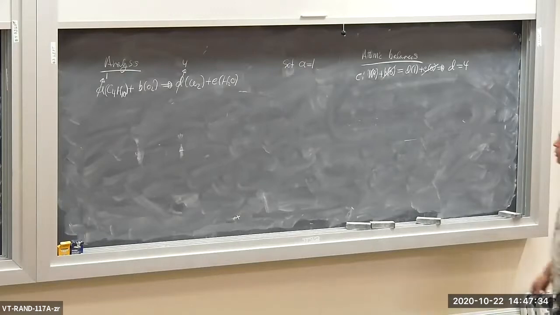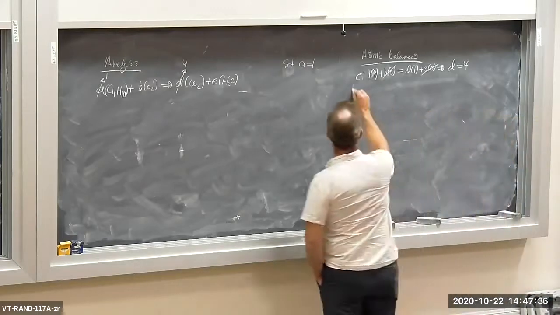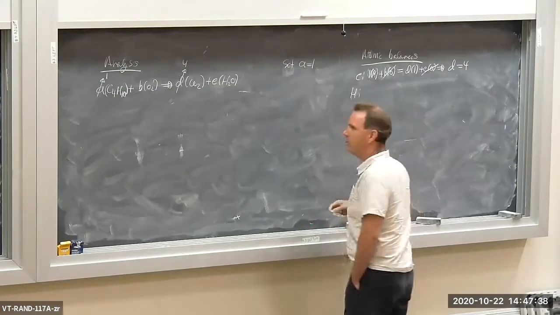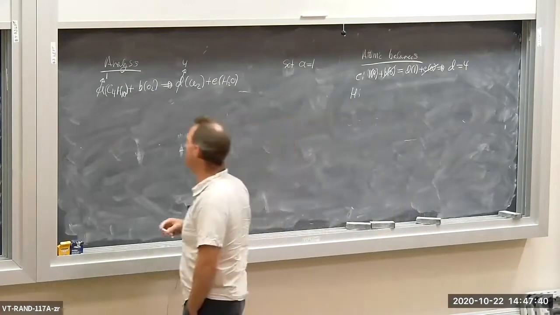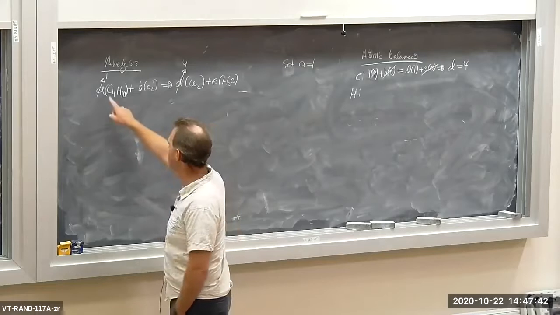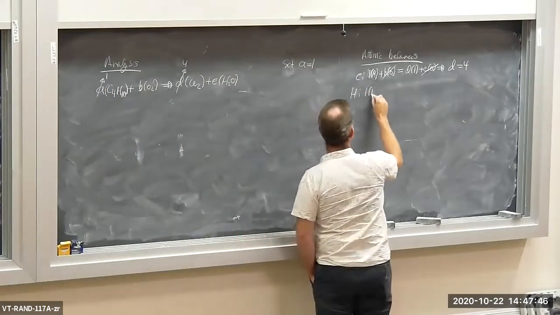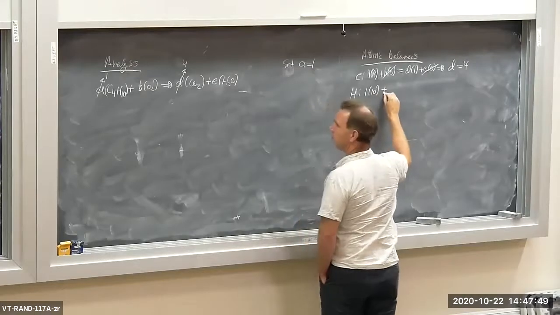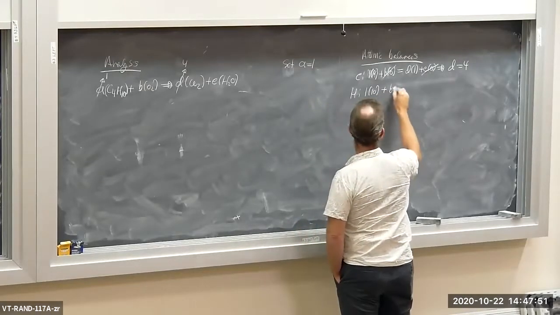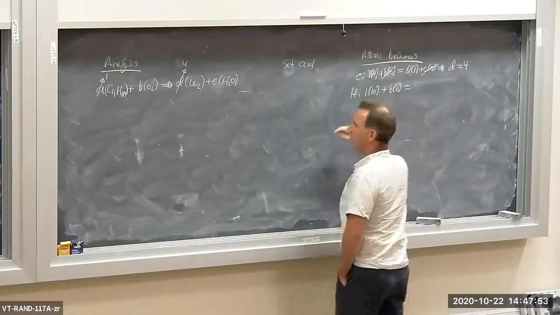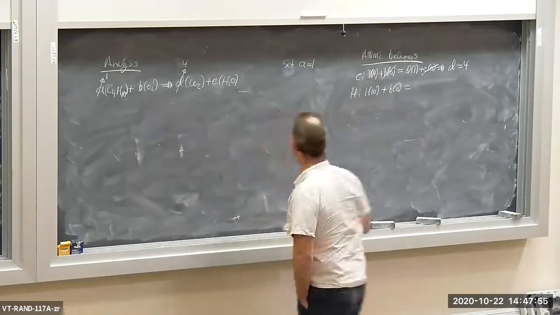How about for the hydrogen? Let's do the hydrogen, H. Monatomic hydrogen, not H2, just single hydrogen. I have 1 times 10 plus B times 0, again no hydrogen in the O2.